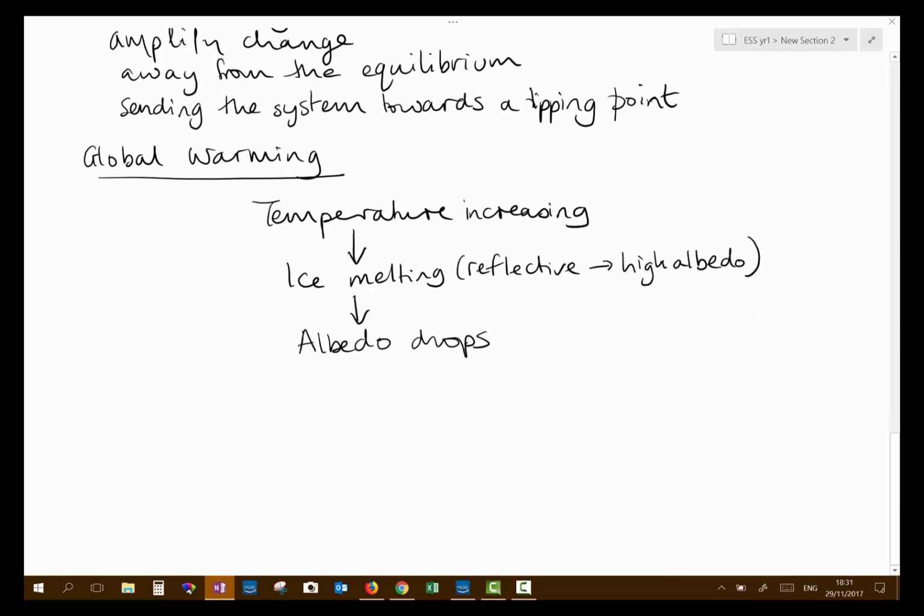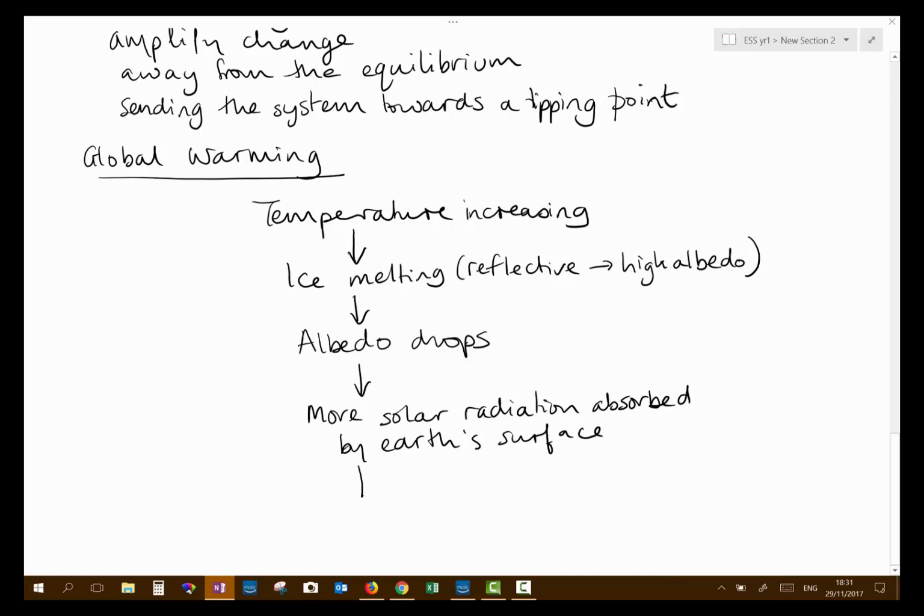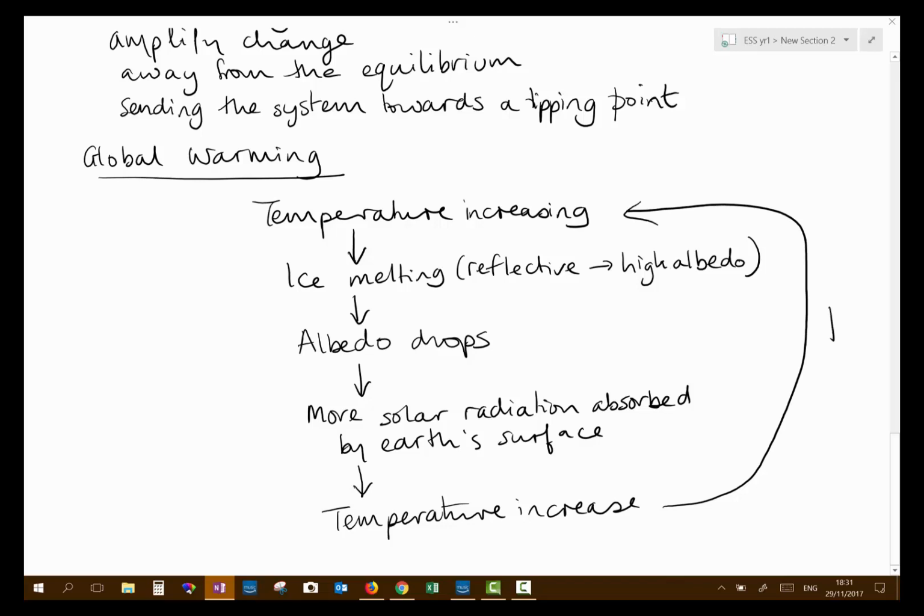And as albedo drops, then you're getting more solar radiation absorbed by the Earth's surface. And guess what? That leads to a temperature increase. And so here we have amplification. That's going to increase and increase. It's just going to keep on getting worse.